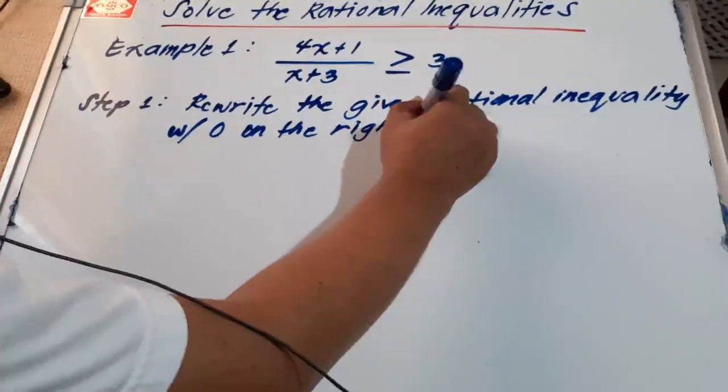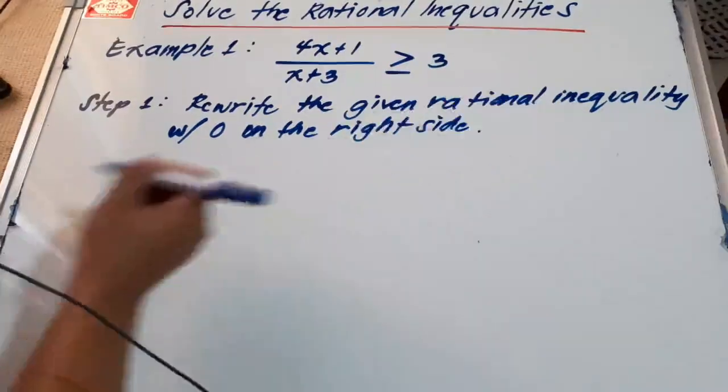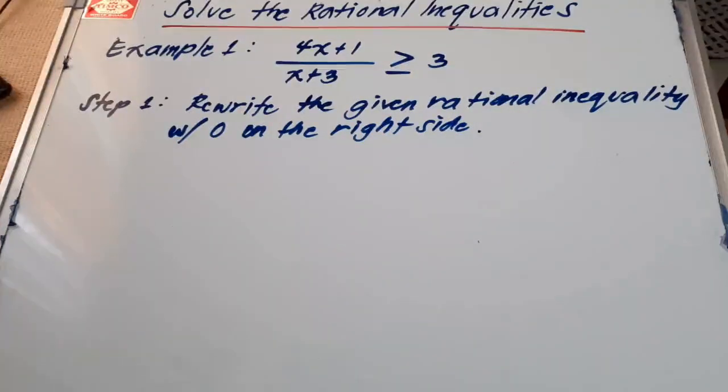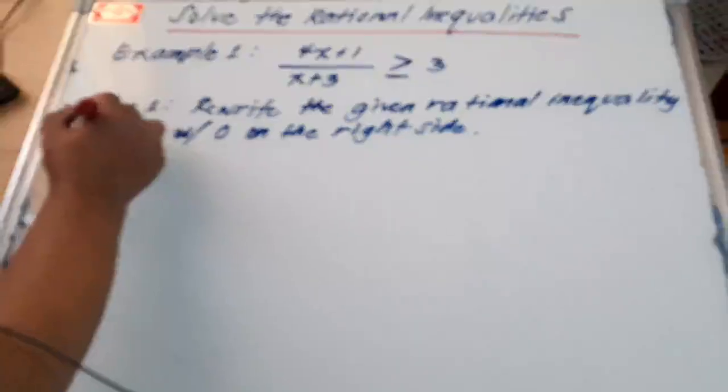So that will be the first step in solving rational inequality. So how do we rewrite the rational inequality so that the right side is 0? Now we're going to apply the addition property. Okay? So this is step 1.